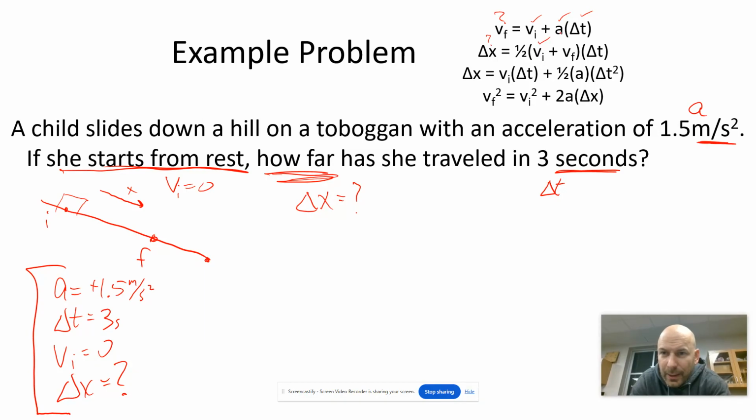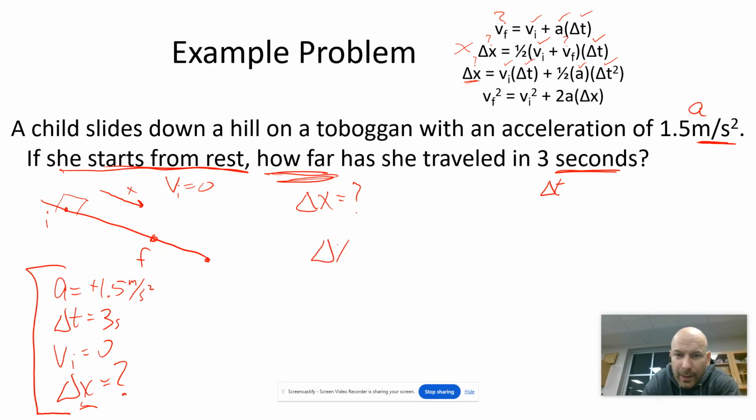Initial velocity, yeah, I got that. Final velocity, I don't know. Time, I've got. So here I've got two unknowns. That's a no-go. Displacement, I'm looking for. Initial velocity, yes, I have. Time, I have. Acceleration, I have. Ding, ding, ding. That's our winner.